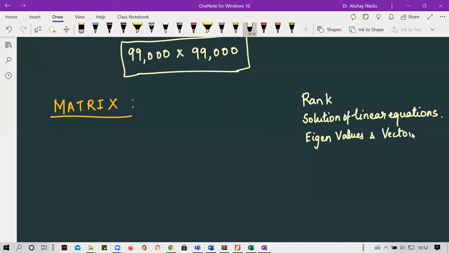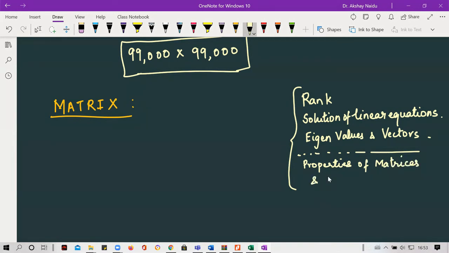These are the three prominent things. If you take 100 questions, around 75 will be on these, and the remaining 25 questions will be on some properties of matrices and determinants, directly or indirectly. However, the main focus is on these.